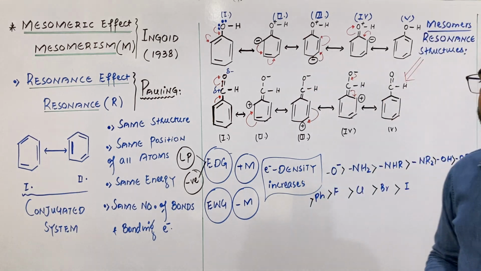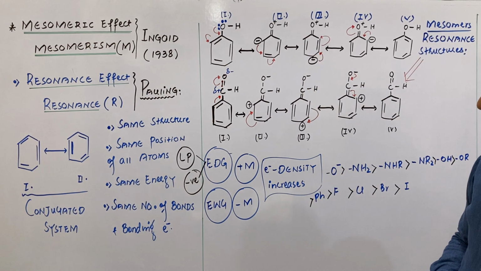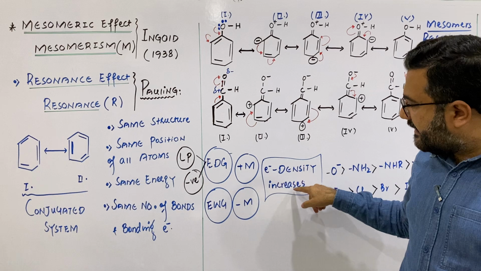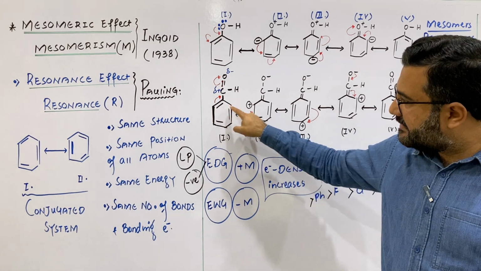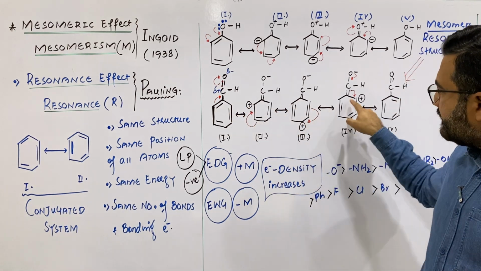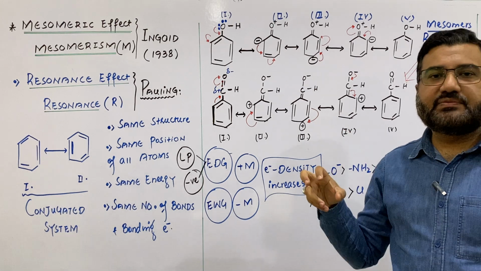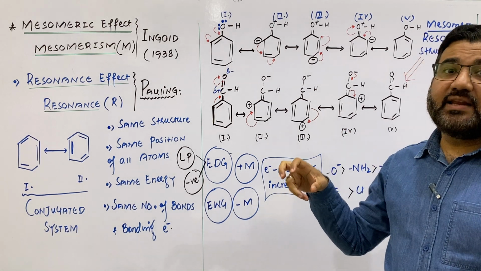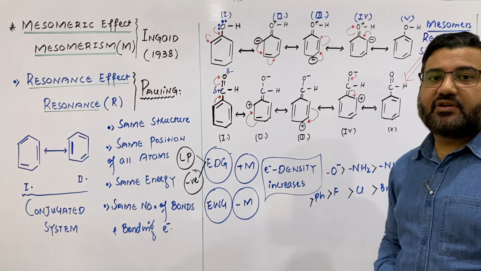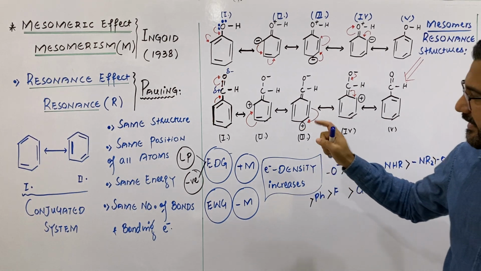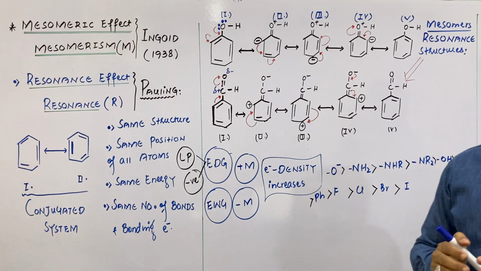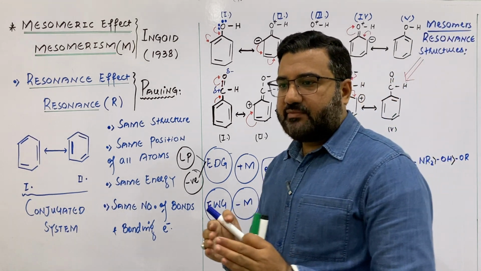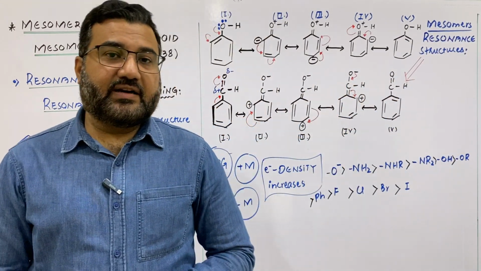They will be called minus M groups basically. And instead of increasing the electron density of the conjugated system, they are giving positive charge to it, which means the electronic density of the conjugated system will be decreased. Then the conjugated system will not be favorable for electrophilic attack.